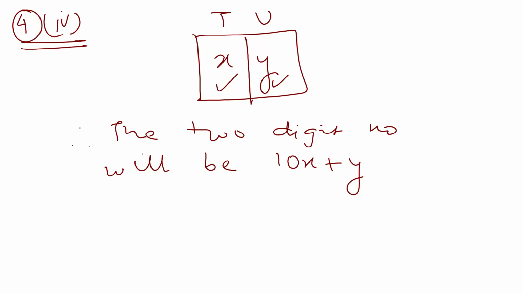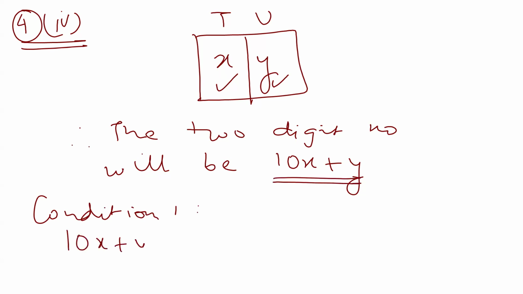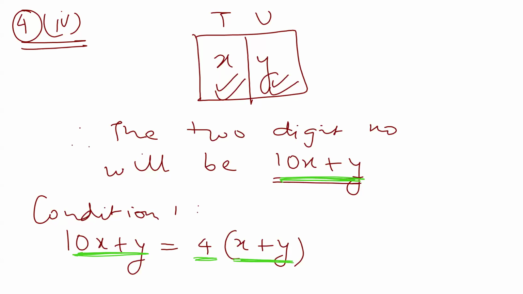This is the first condition. So the sum of the digits will be x plus y. The two-digit number is 10x plus y, and it is equal to 4 times the sum of the digits.